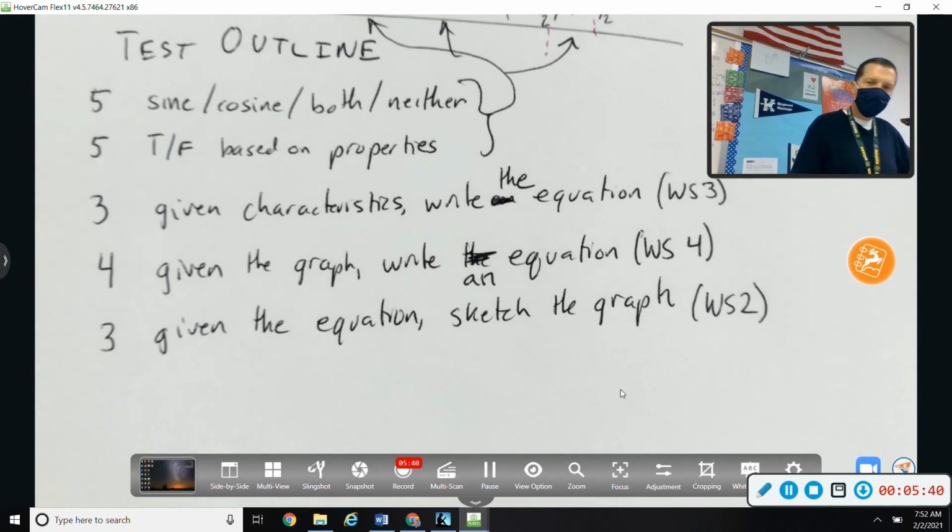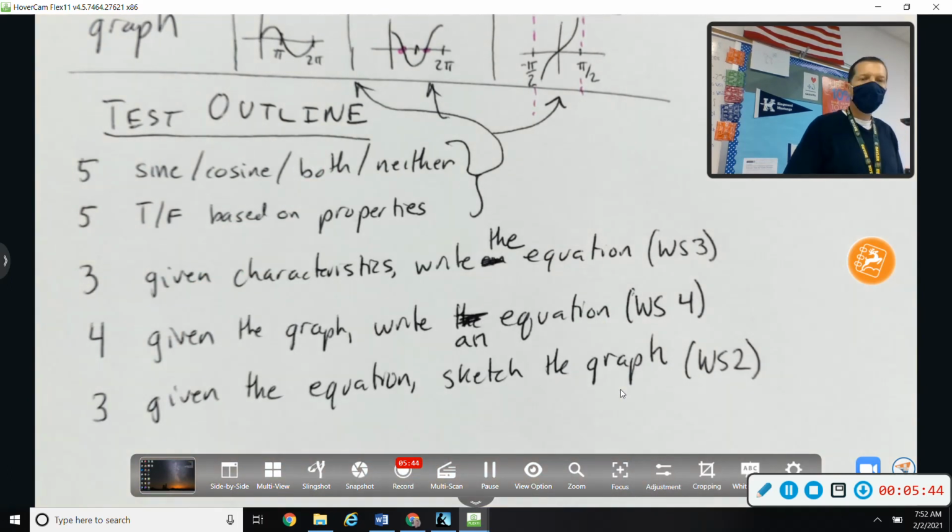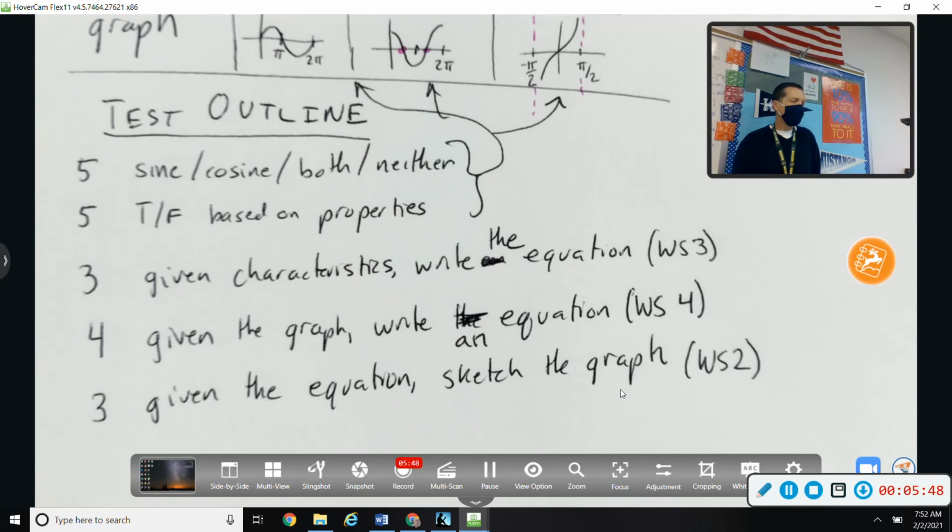So there's your outline of the test. I don't want to say it's an easy test, but it's a focused test. It doesn't cover a whole lot. Sine, cosine, tangent, and can you handle amplitude, period, phase shift, vertical shift? If you can do that, then you'll be fine.